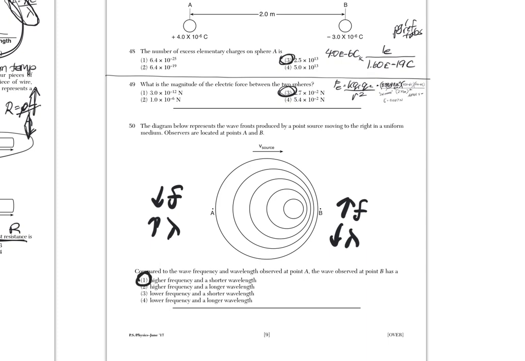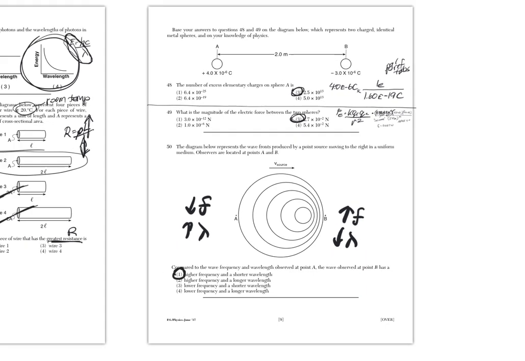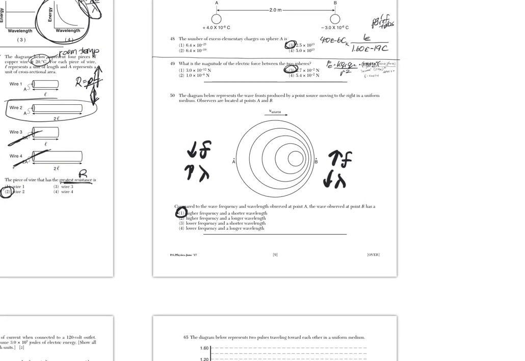So that's choice 1. With these questions, one thing, be very careful reading when you're doing these comparison questions, because you could totally understand the physics and the principles and then just get it backwards. Like, oh, A as compared to B. No. This question's saying B as compared to A. But you can see how if you get that backwards, you would totally get it wrong, even though you understood the physics.